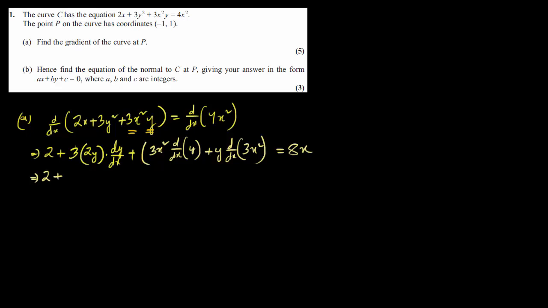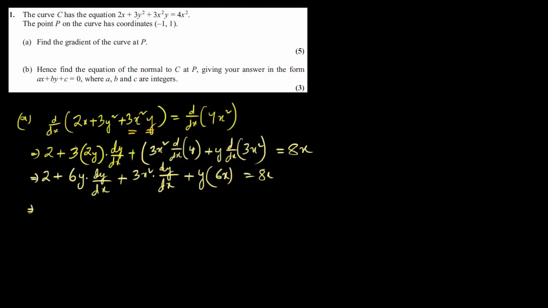So 2 plus 3 times 2 is 6y, and we have dy by dx, plus this would be 3x squared into d by dx of y, which is dy by dx, plus y d by dx of 3x squared, which is 6x, and equals 8x.